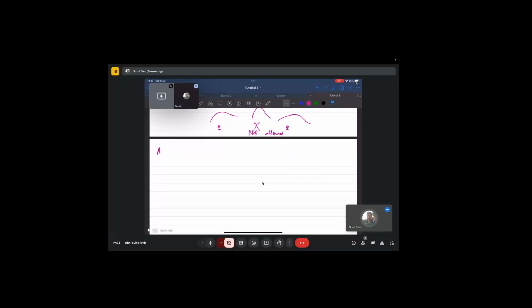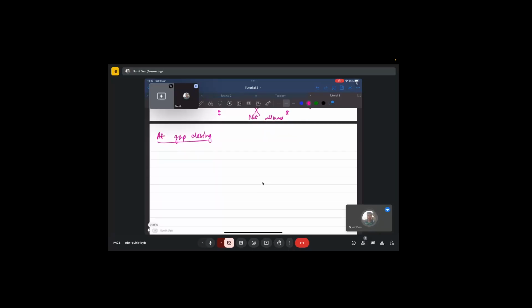So, exactly at the gap closing, the two states, we had two states always, minus t and plus t, will be degenerate. Okay.